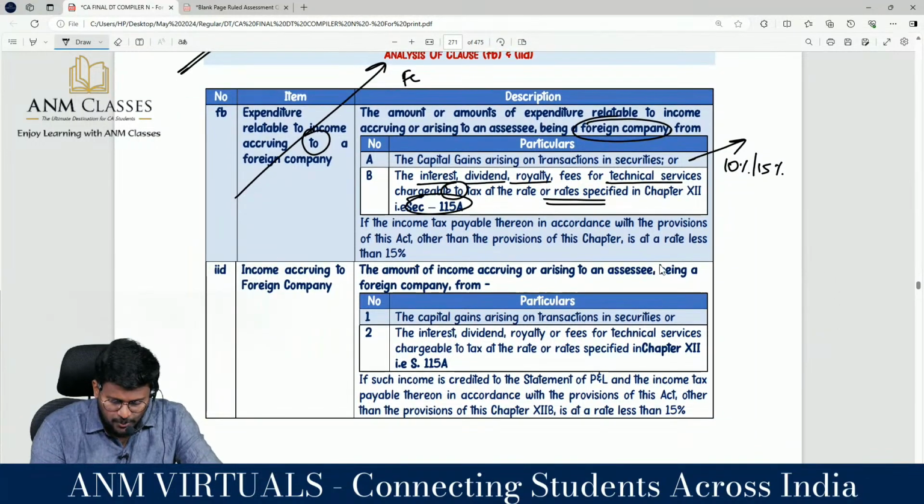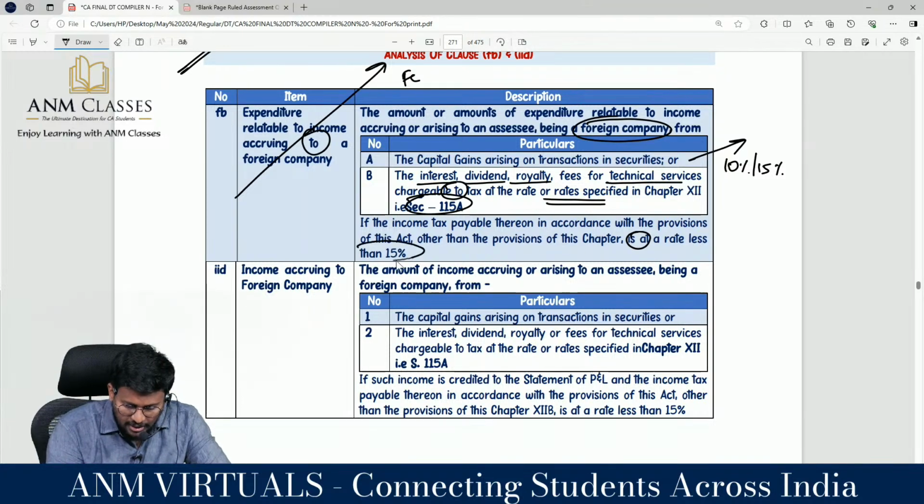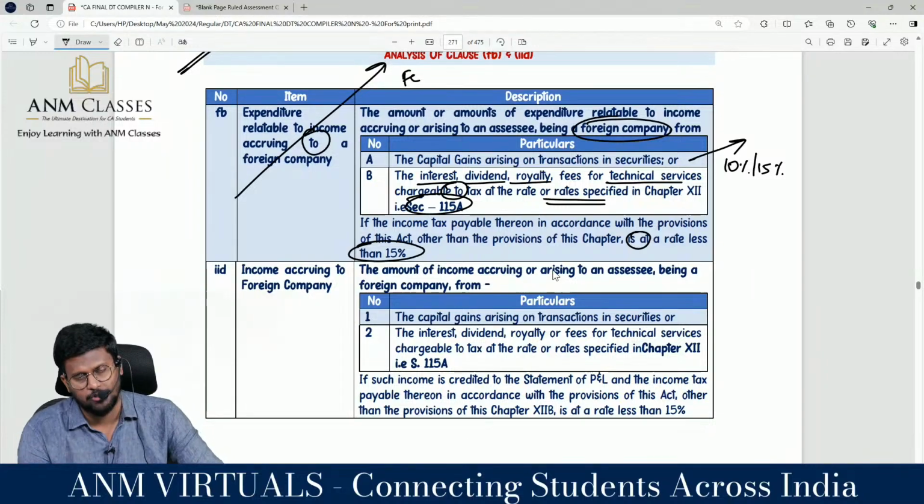If the income tax payable thereon in accordance with the provisions of this Act other than the provisions of this chapter is at a rate less than 15%.